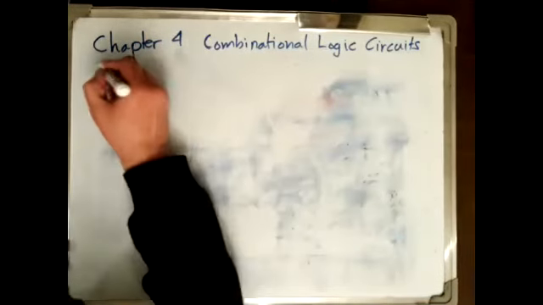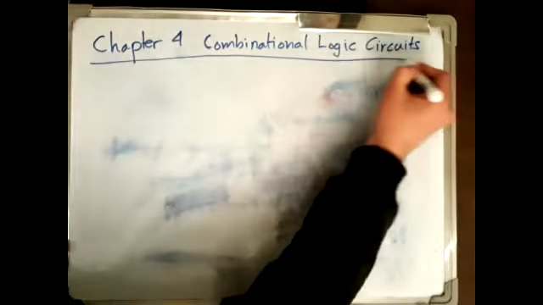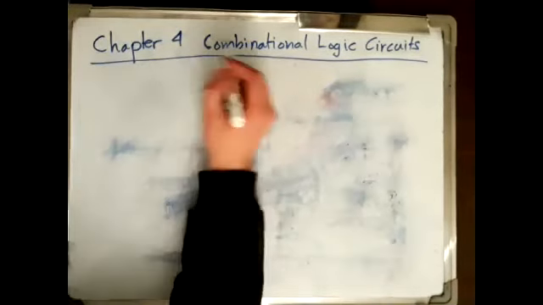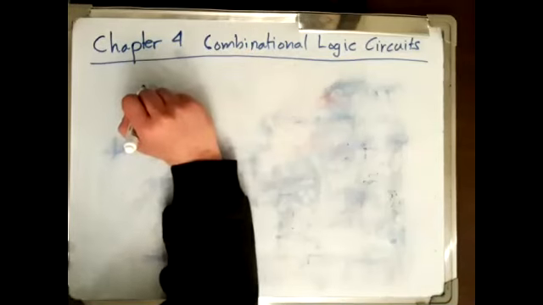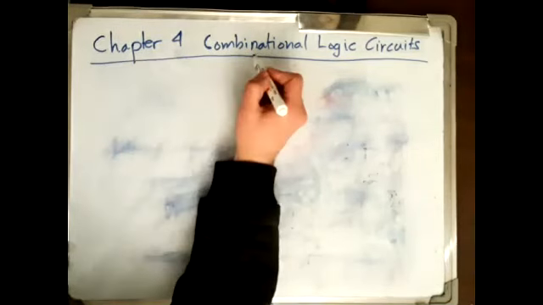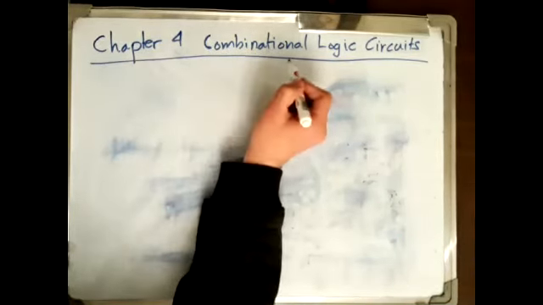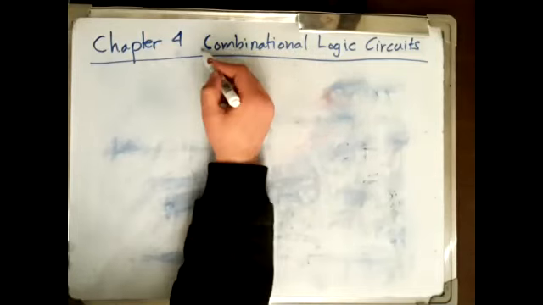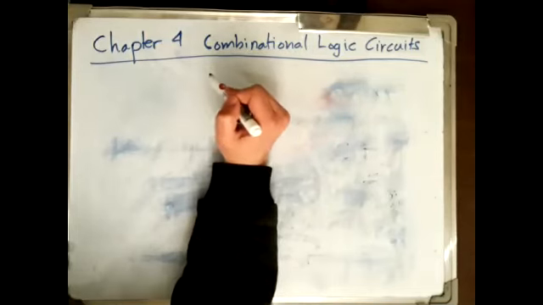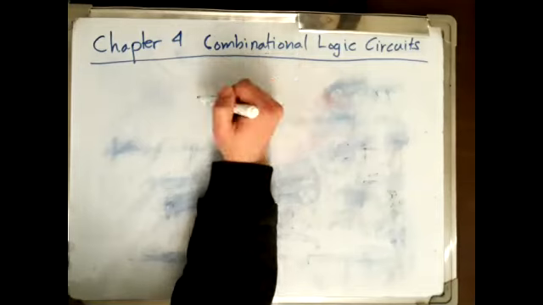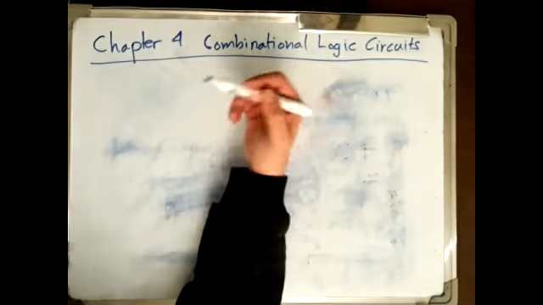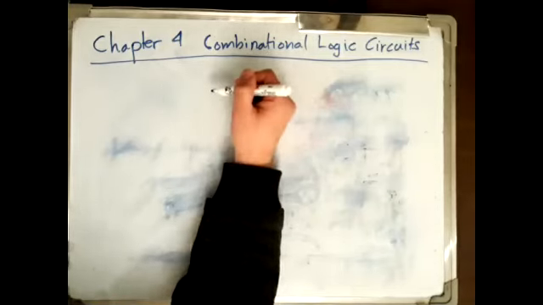It is about one type of logic circuits, one type of digital systems. In this chapter, we will learn what is meant by combinational logic circuits, how to analyze them, and how to design them.